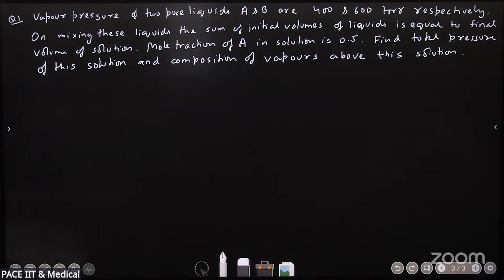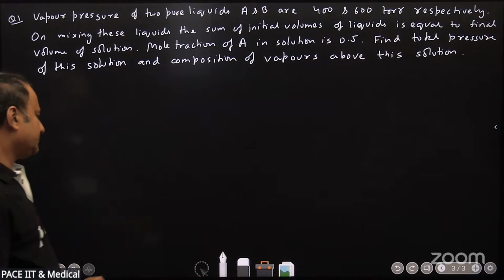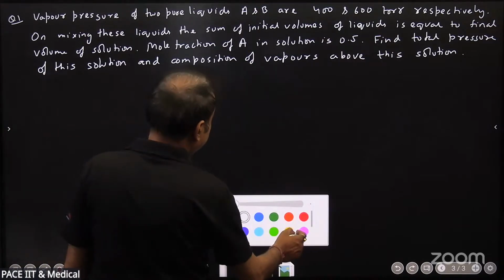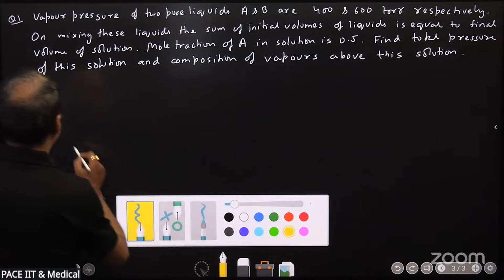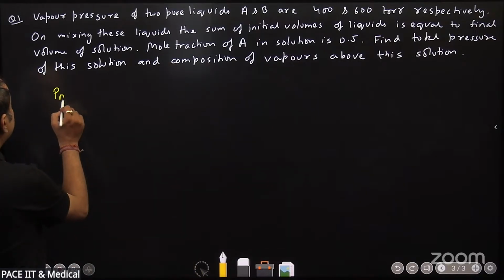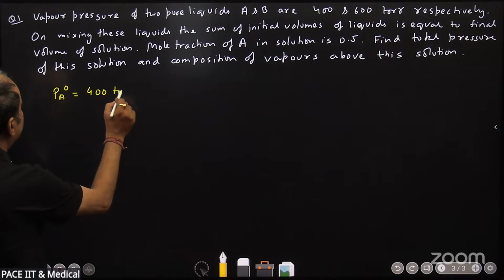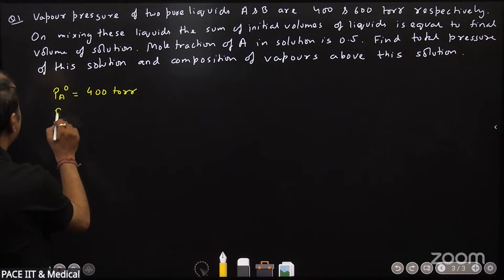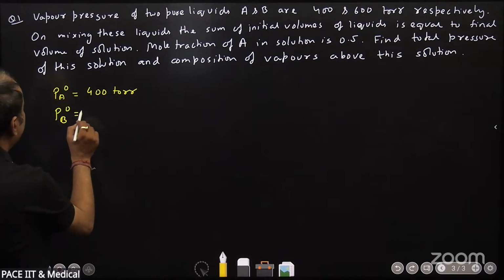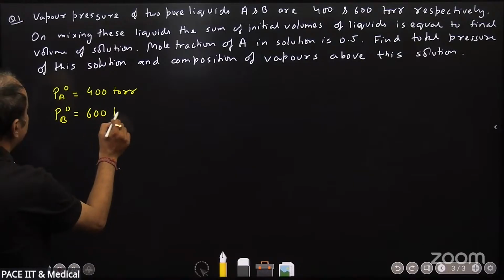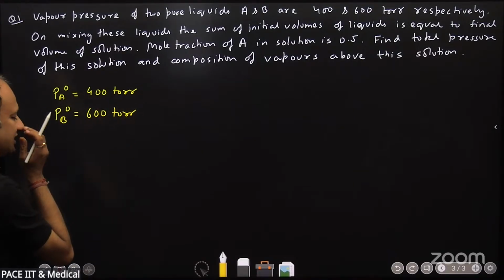So here, what we are given, we are given PA naught. PA naught is given 400 torr. We are given PB naught 600 torr. This is given.